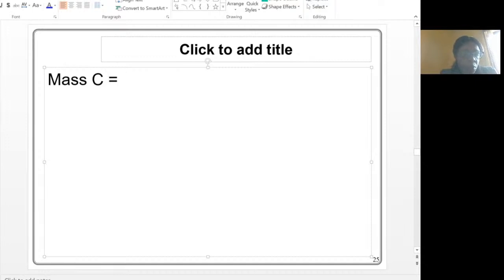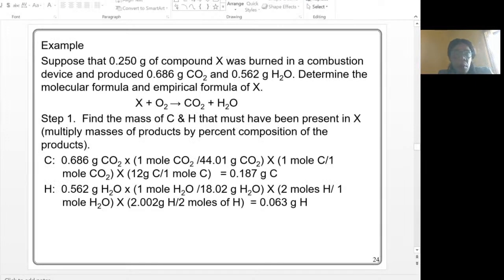If you look back on this slide, you look at the total mass of carbon.